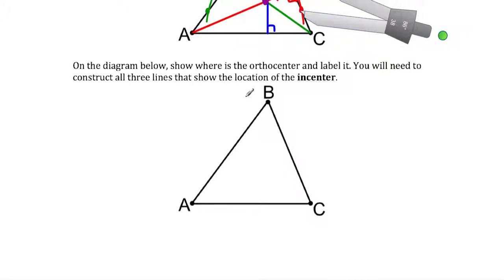And then finally, the incenter. Don't forget that the incenter is the intersection of all of the angle bisectors. So we need to bisect all of these angles. We bisect these angles, again, using a compass.